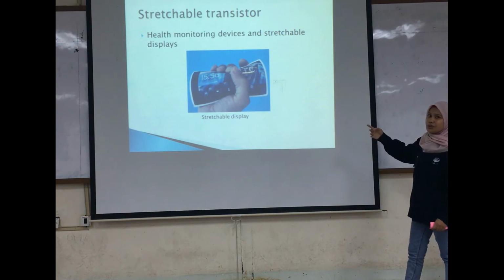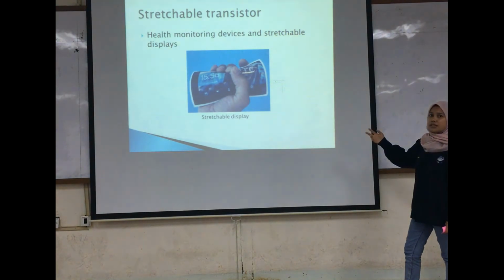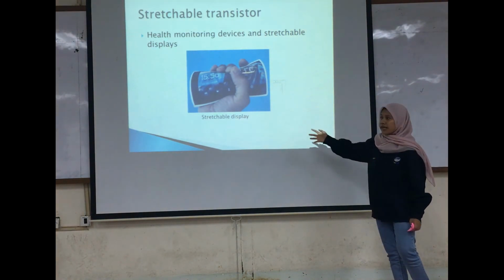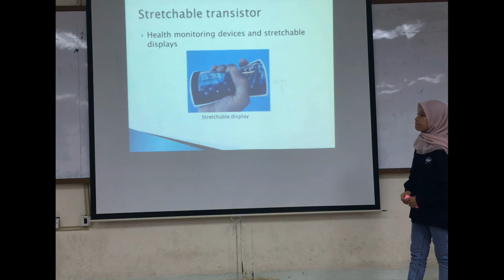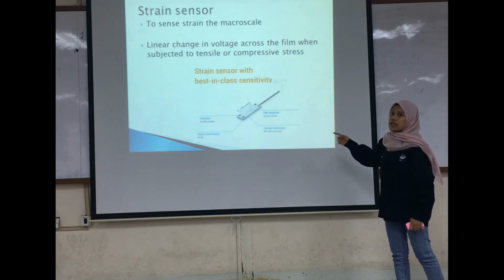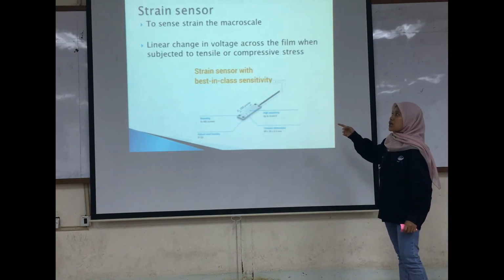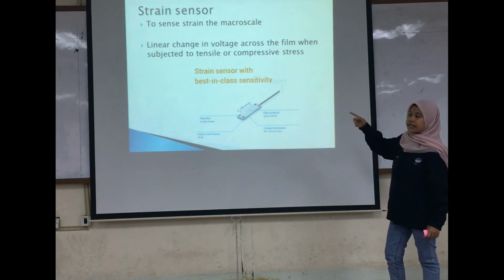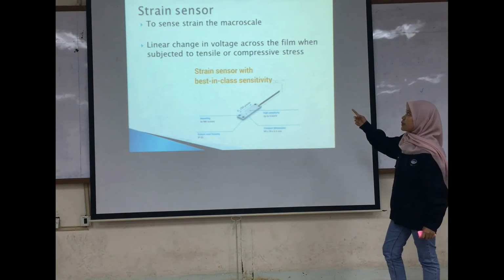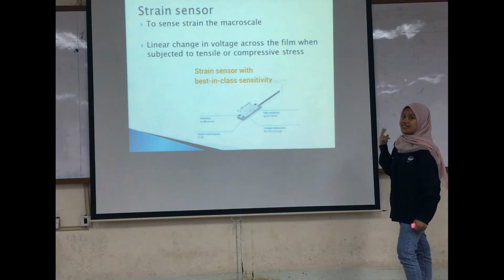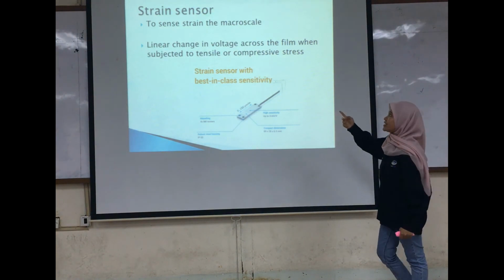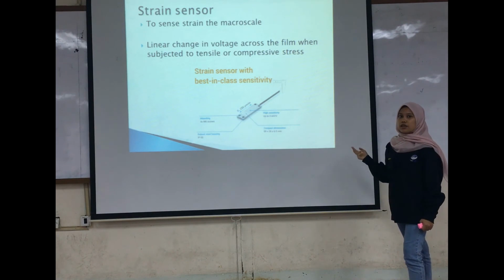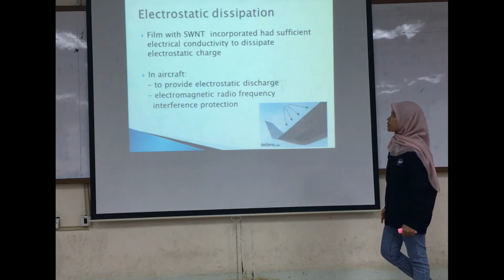This is due to the possibility of a sliding and buckling network, which is suitable for stretchable displays. Stress sensor. Single-wall carbon nanotubes can change their electrical properties, and they can sense stress at the micro scale. Experiments from researchers showed a linear change in voltage across the film when subjected to tensile or compressive stress.